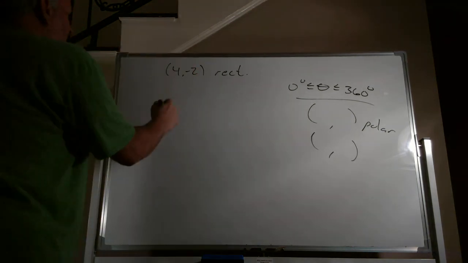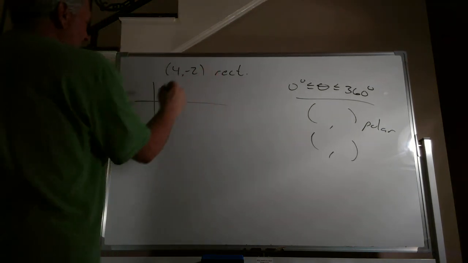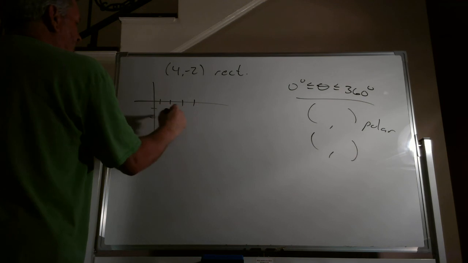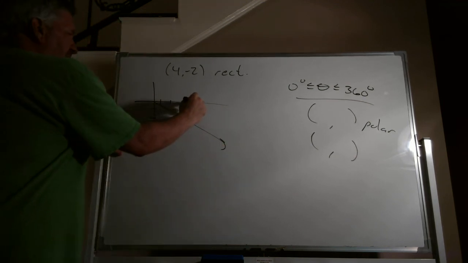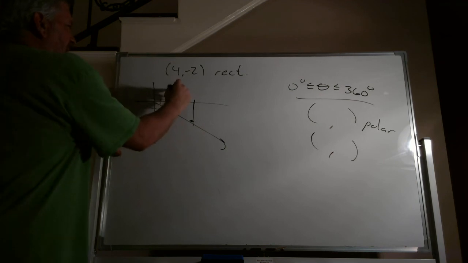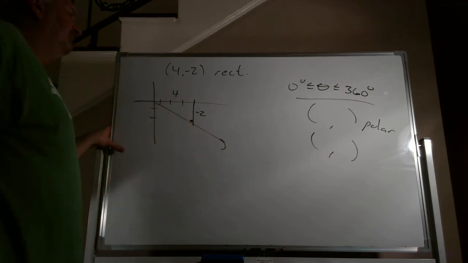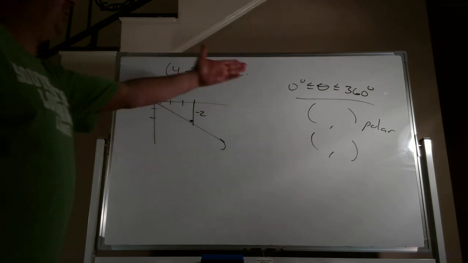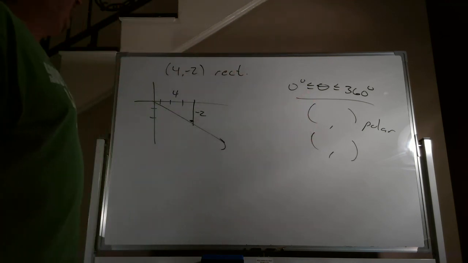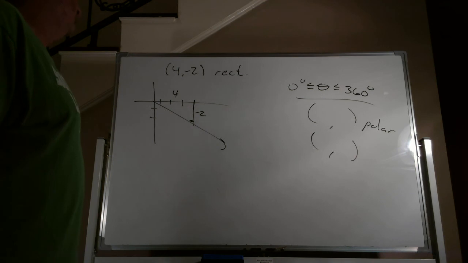Okay, well, let's plot the point. Rectangular 4, -2 is in the 4th quadrant. So there's my point. If you draw your little triangle like we always do with a vertical line, there's 4 and there's -2. Well, what do we need to write polar coordinates? We need the r and we need some thetas.